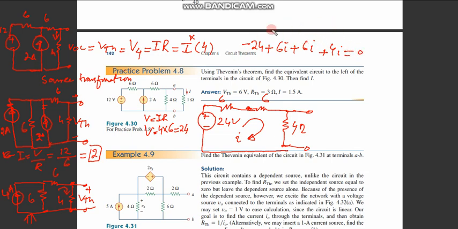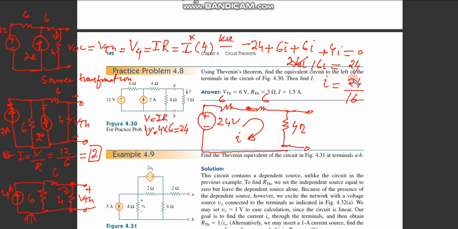So when I apply KVL in this mesh, 6 plus 6 is 12, sorry, it should be 6 plus 6 plus 4, which is 16, so this is 16i equal to 24. I equals 24 divided by 16.